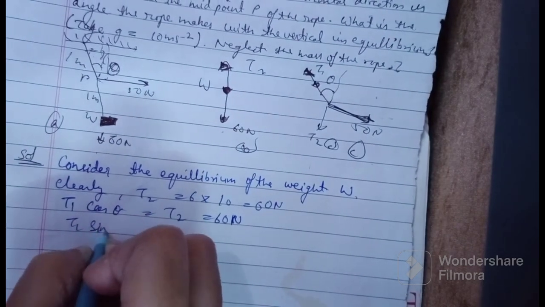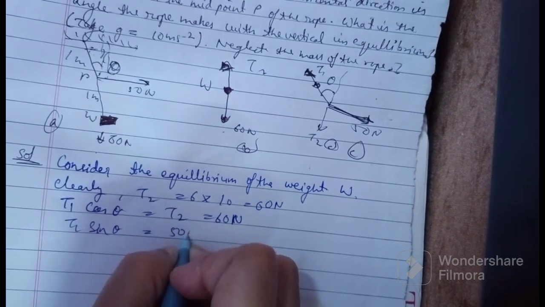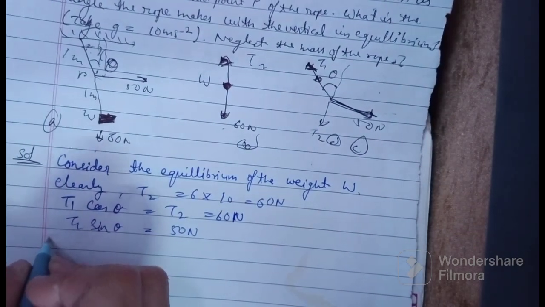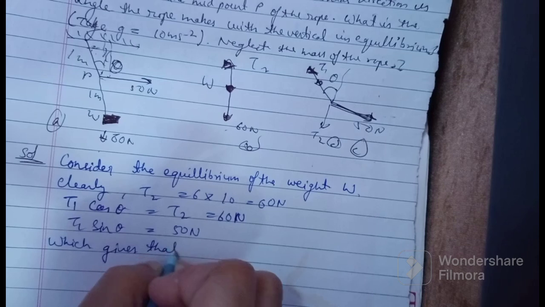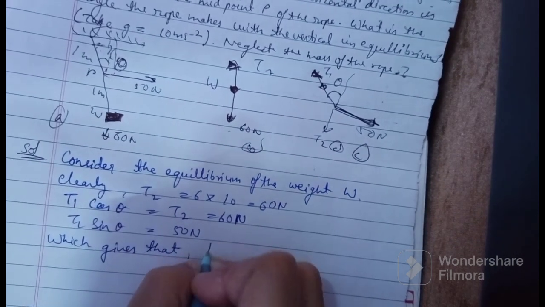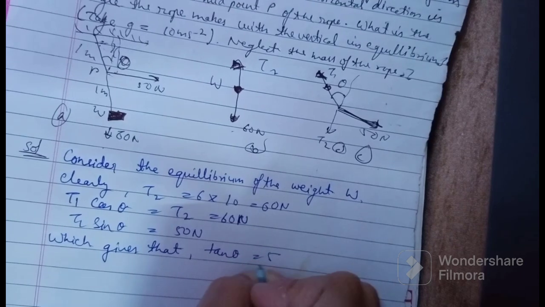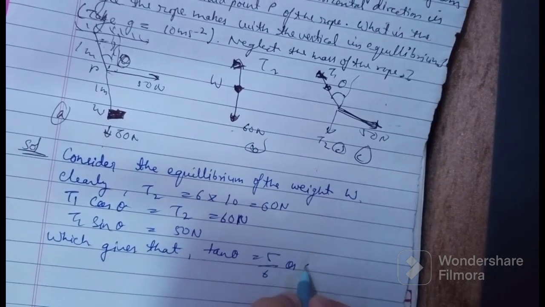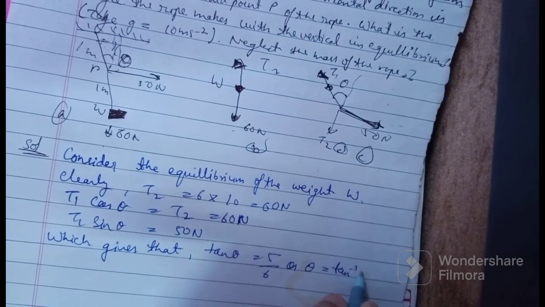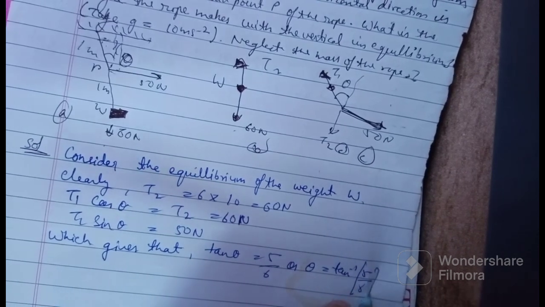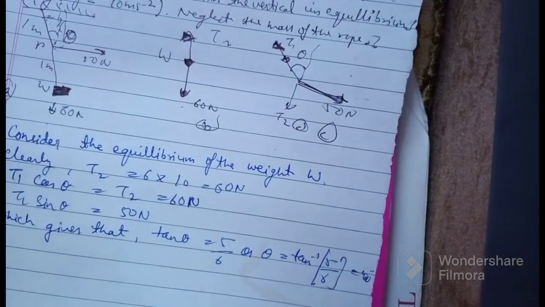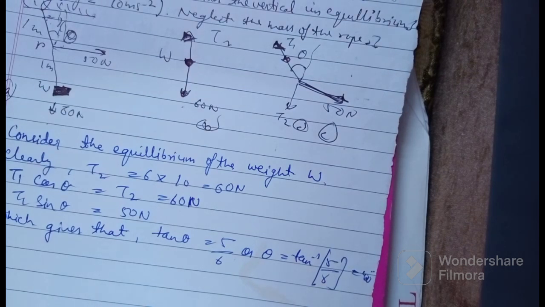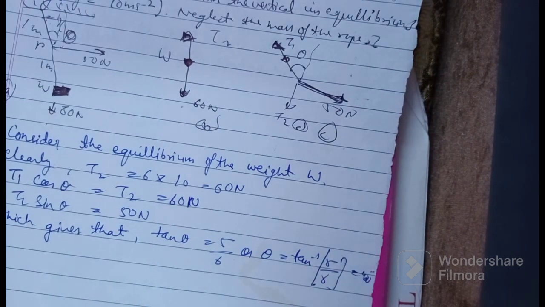T1 sin theta equals 50 Newton, which gives tan theta equals 5 by 6, or theta equals tan inverse 5 by 6, which is approximately 40 degrees. Note that the answer does not depend on the length of the rope, assumed massless, nor on the point at which the horizontal force is applied.